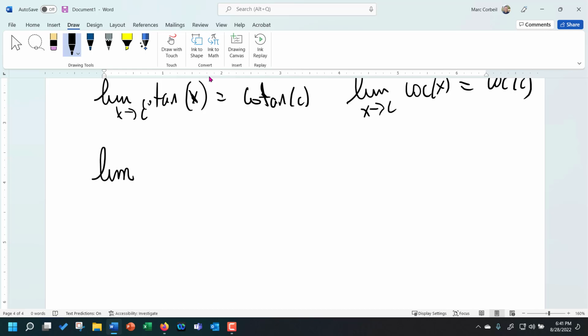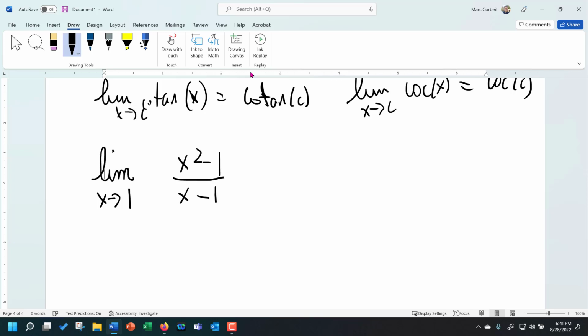So we'll do the limit as x goes to, I don't know, let's say x goes to 1, of something like x squared minus 1 over x minus 1.